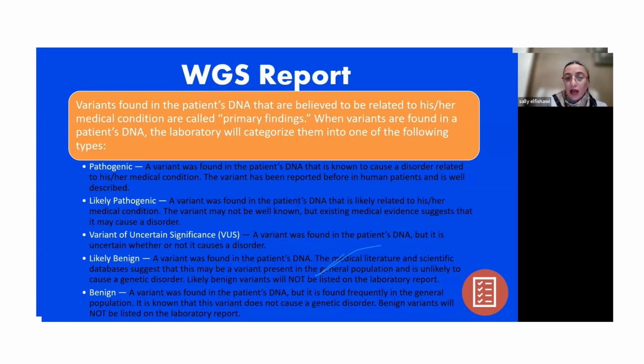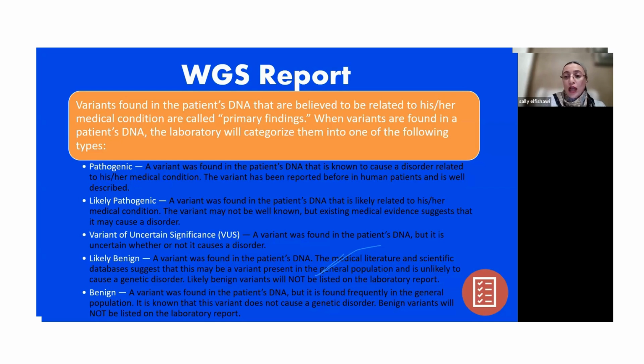Or they can be likely pathogenic, or variant of uncertain or undetermined significance, where we know that there might be a loss of function. However, there are few studies on this, not many studies have reported this variation in the databases.